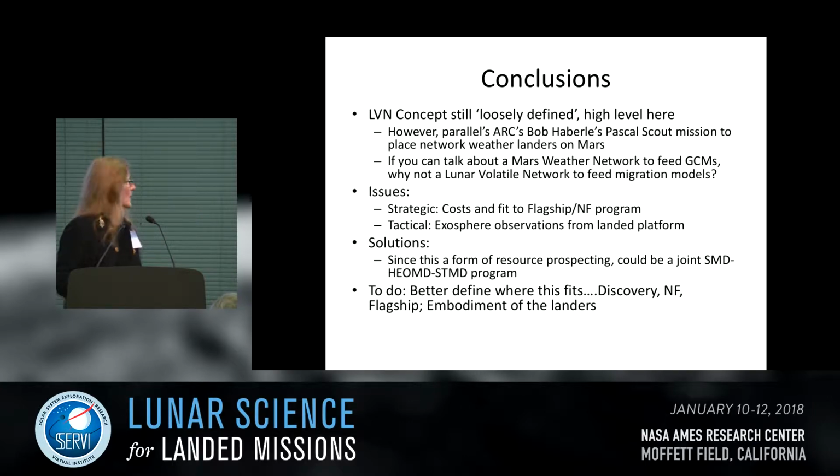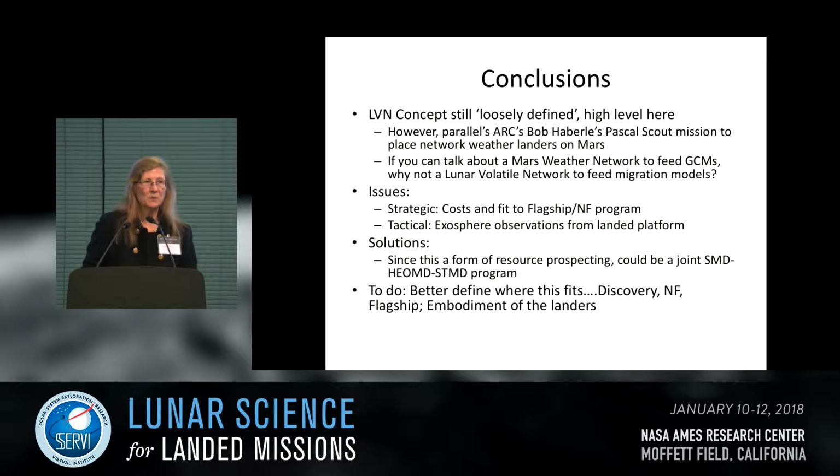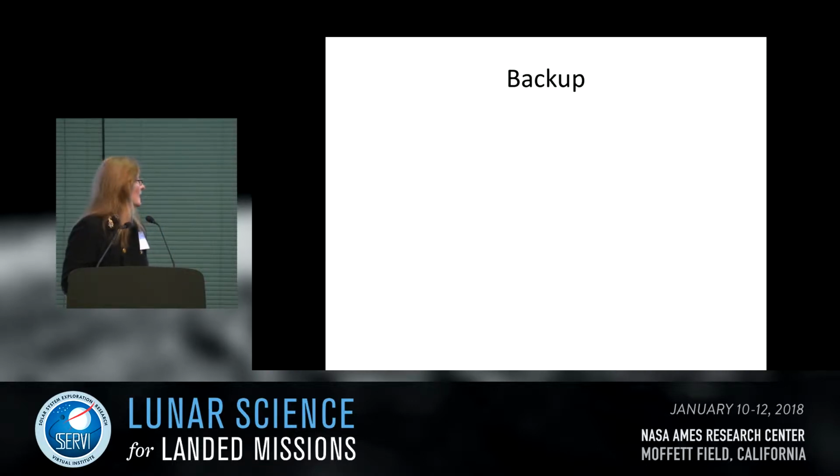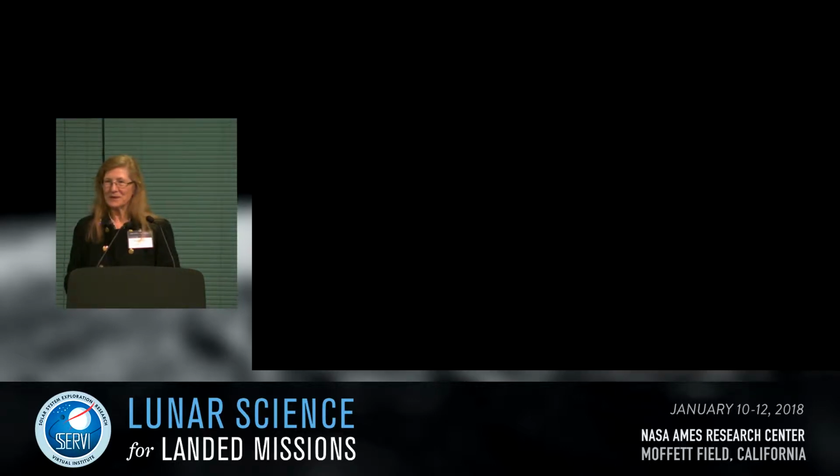We might not have a flagship, but with the push to the moon, it's more and more likely that we're going to want some kind of a volatile network to figure out these questions of really where are the volatiles, where are they coming from, where are they going, and how long do they last. So that's my major slides, and I thank you for your interest.